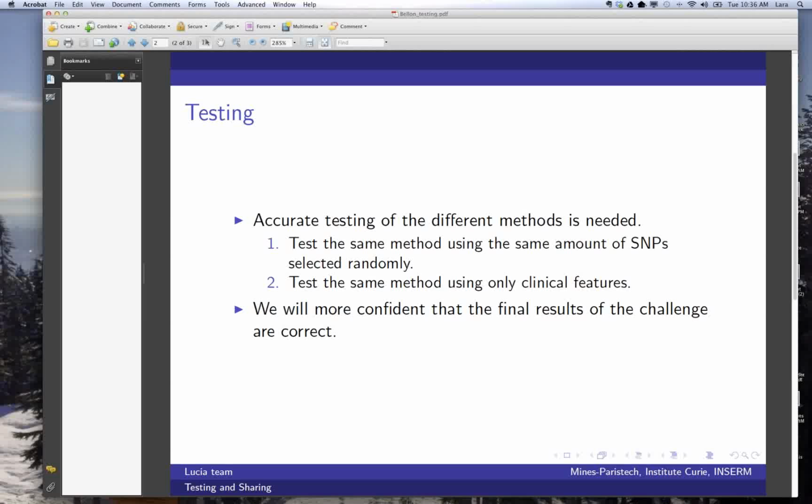If you use linear regression, then a linear regression only with the clinical features. But also using randomly selected features. I think that these 2 things are not much work and are going to provide us with confidence if we find a method that works and some SNPs that actually work.